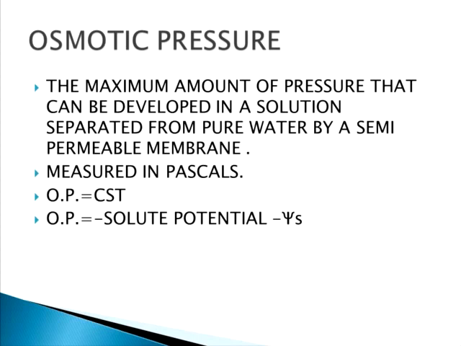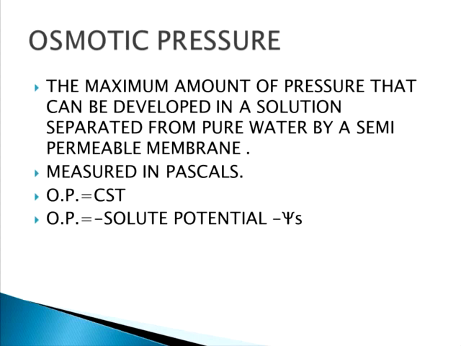The term osmotic pressure has a more suitable term, which is solute potential. OP can be replaced by solute potential, but taken in a negative sense. OP is equal to minus solute potential.